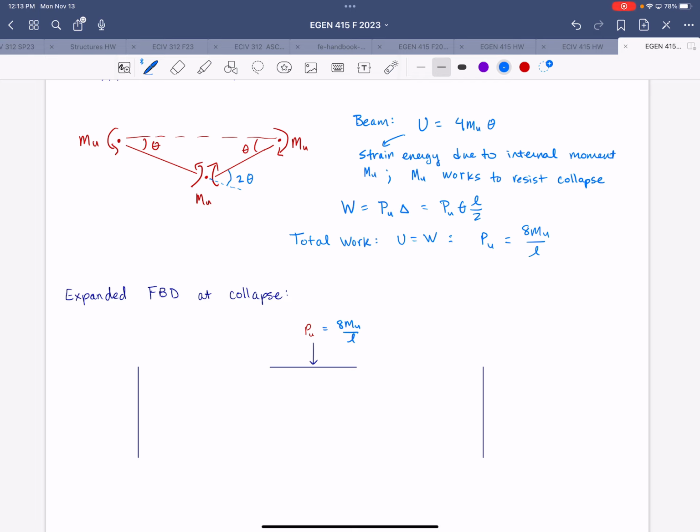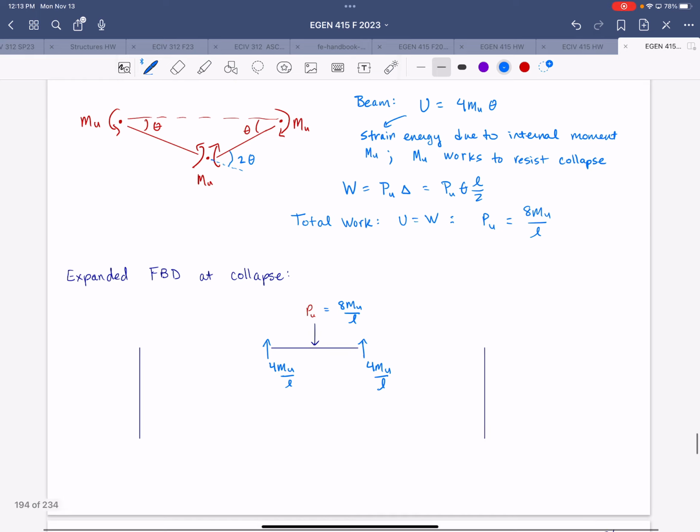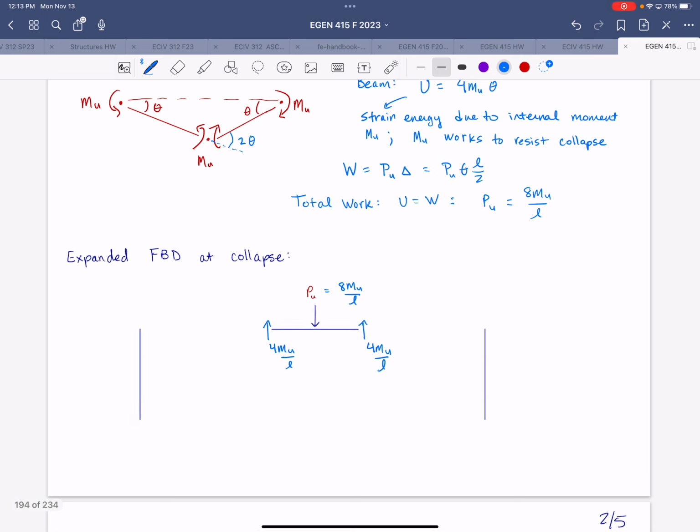On the beam, we're going to have shear at each end equal to 4 MU over L due to symmetric loading and supports. I'm going to go ahead and transfer that through.